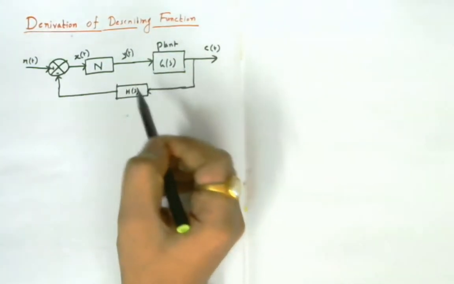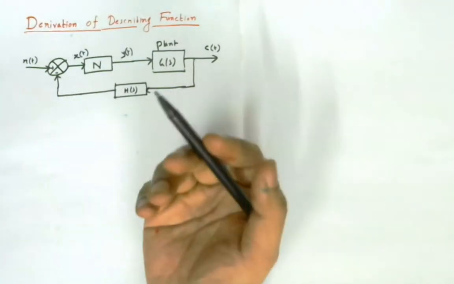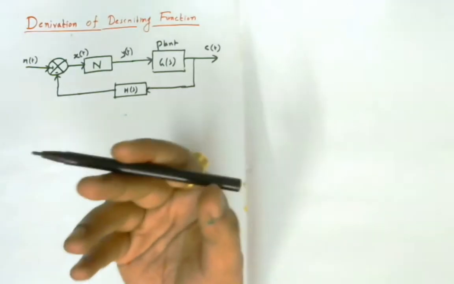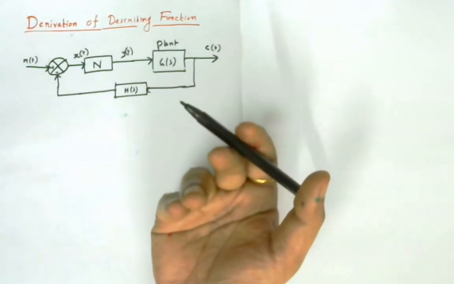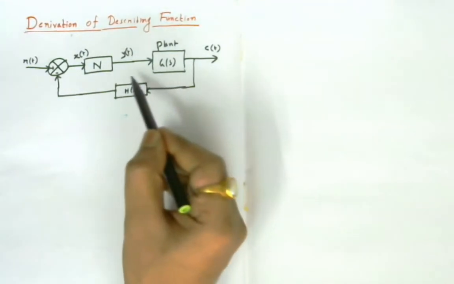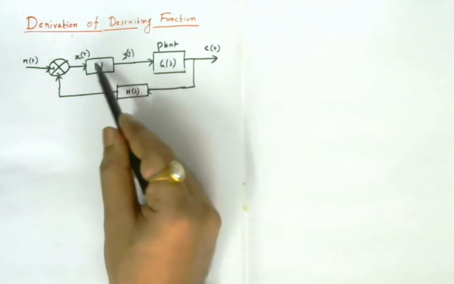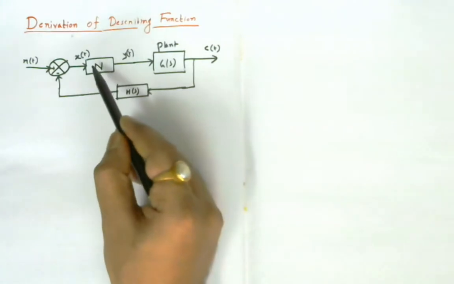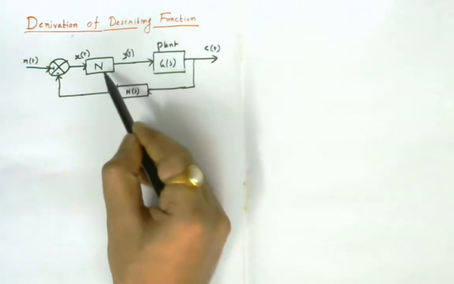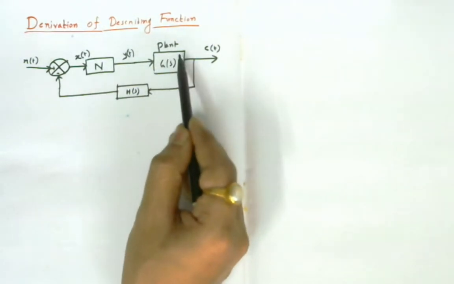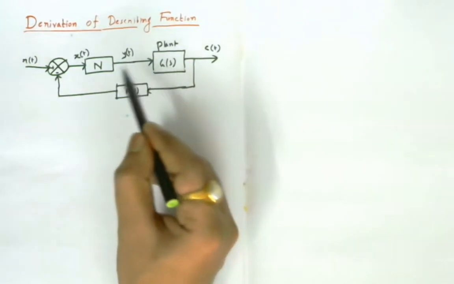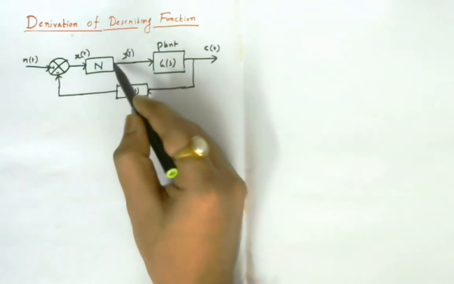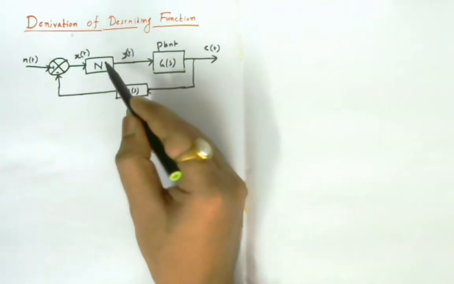As I have already said, there are various types of nonlinearity, saturation nonlinearity, dead zone nonlinearity, which are actually present in all practical systems. In this block diagram, this block is representing a nonlinear element, and the nonlinear element is just placed before the plant transfer function. If I omit this block, what will happen?